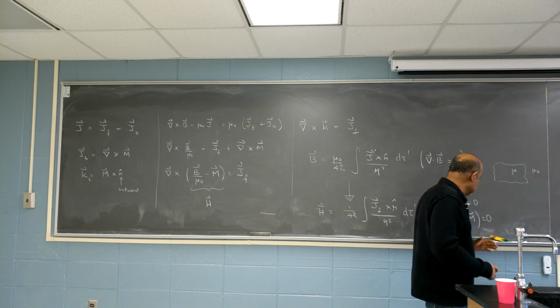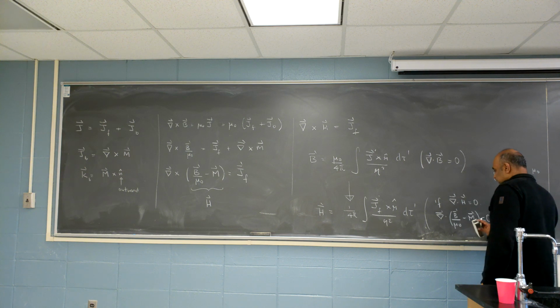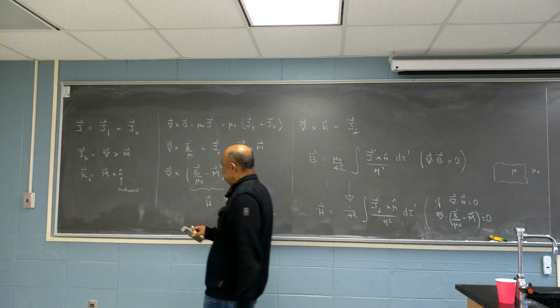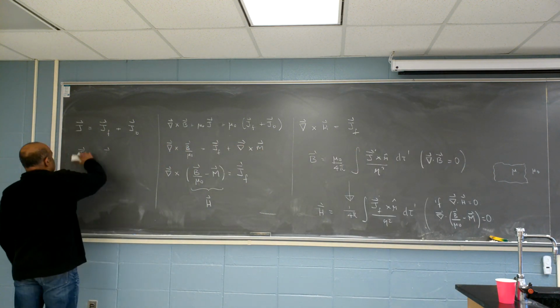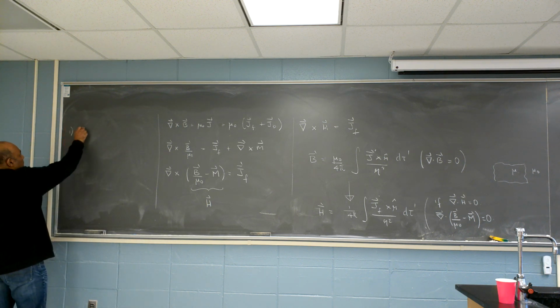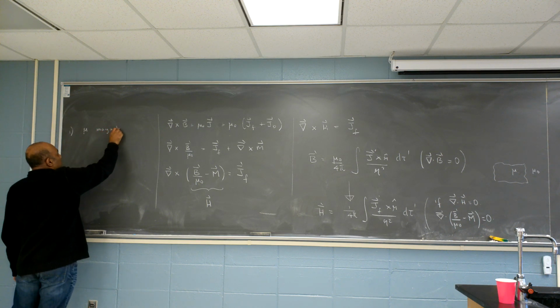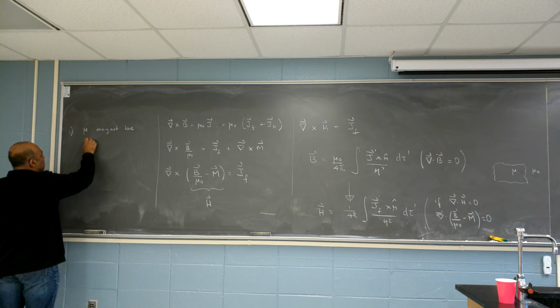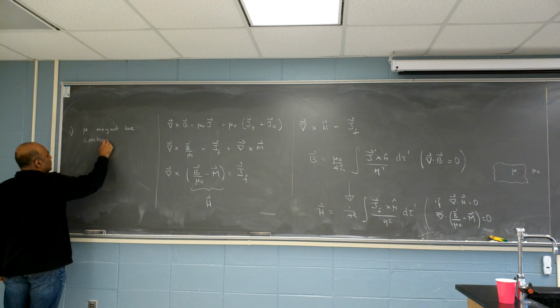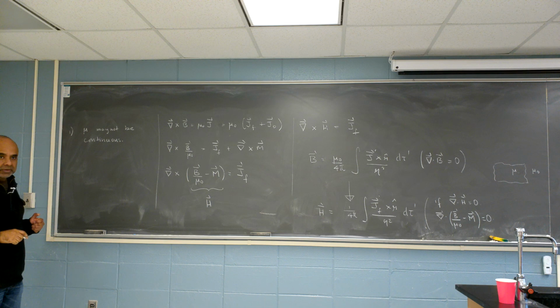So the problem is, well, there are two problems. One, mu may not be continuous. So we don't know how to take the divergence of that.